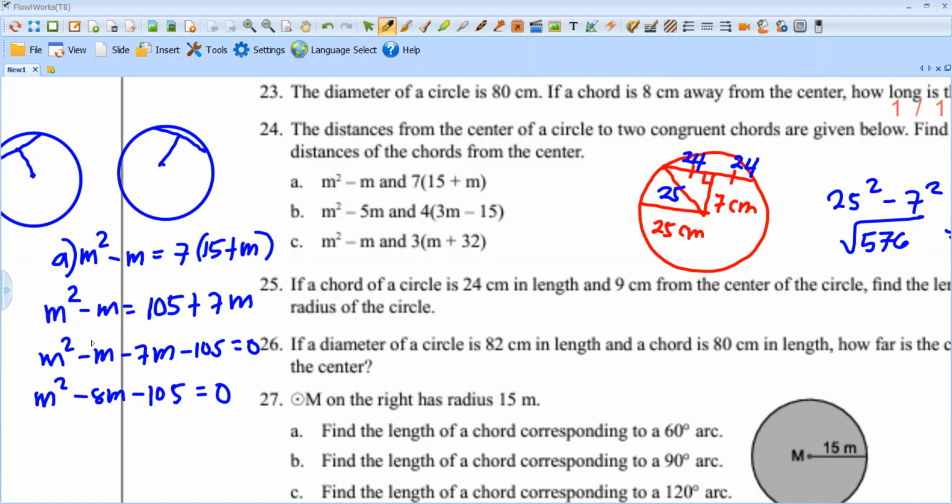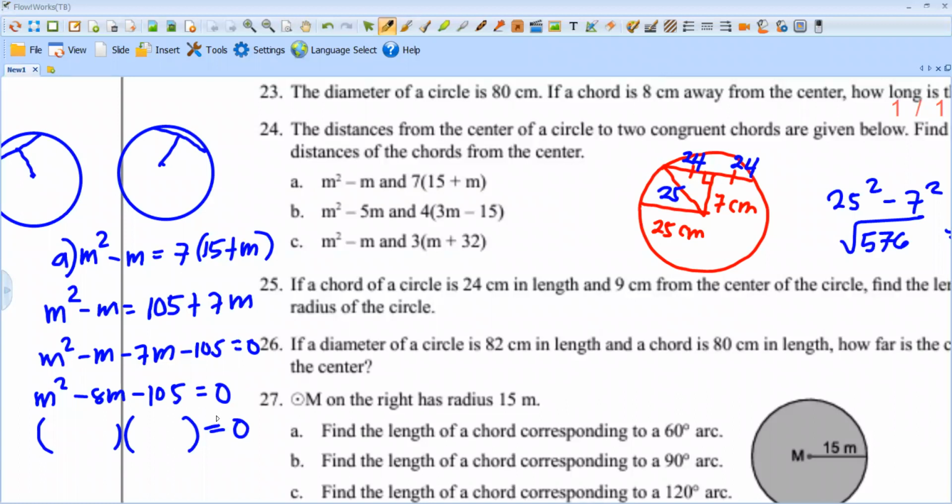So just factorize it. So what are the factors of 105 to get M? You can use mode 5-3, okay? Mode 5-3, and then you can enter 1, -8, and -105.